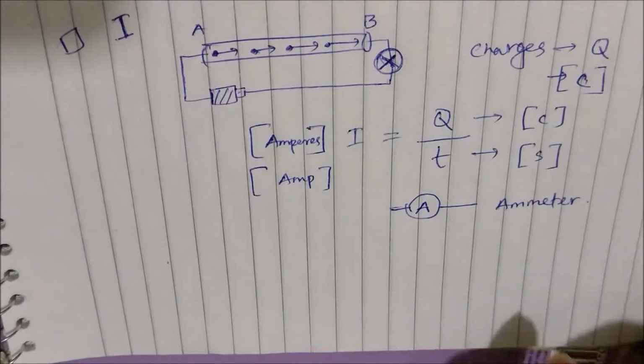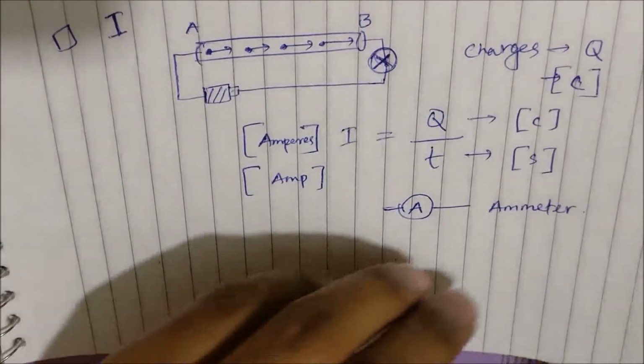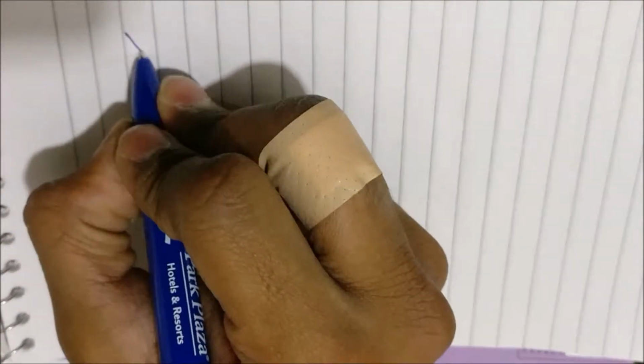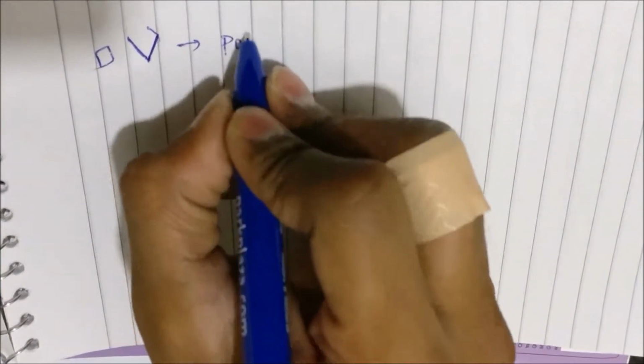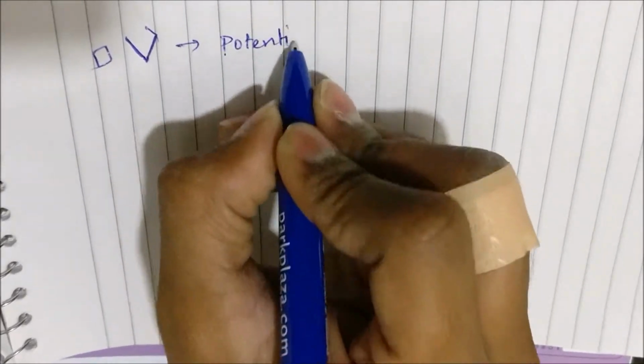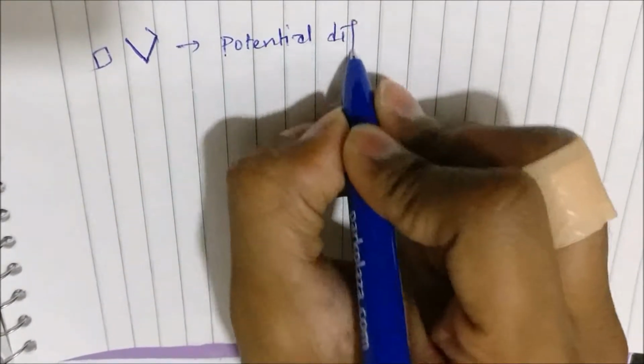Now we're going to learn a little bit more about voltage. Okay, so what is voltage again? Voltage is basically the driving force of our current. Our quantity is V. Here the V quantity represents voltage, or you can say potential difference.